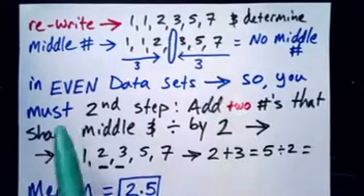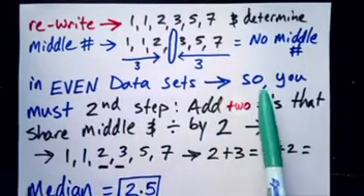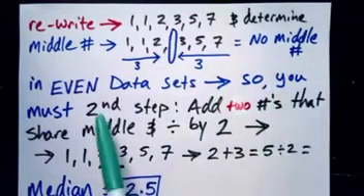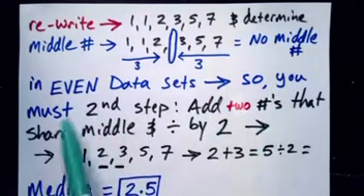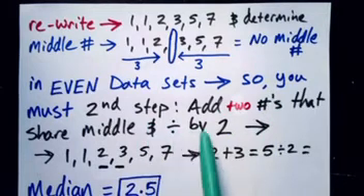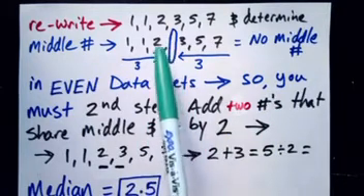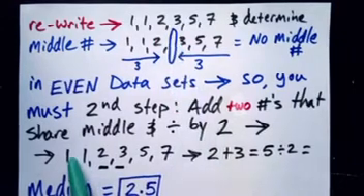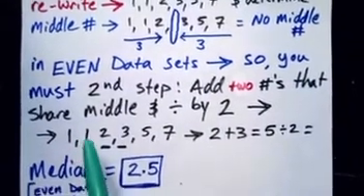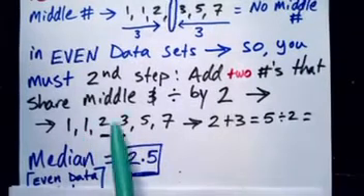So what you must do in an even data set, and this is the second step, is add the 2 numbers that share the middle and then divide by 2. The 2 numbers that share the middle are 2 and 3. I'm showing you down here, the 2 numbers that share the middle are 2 and 3.